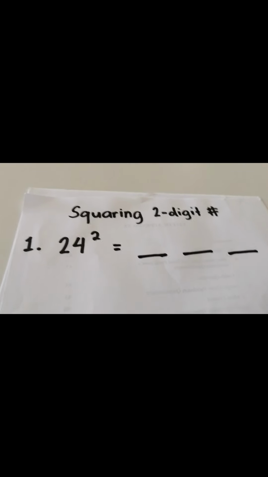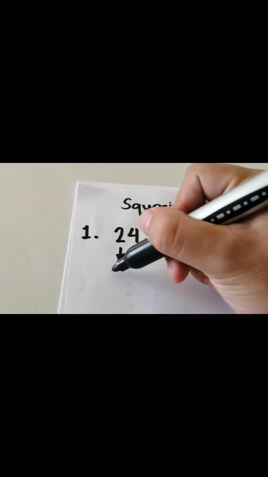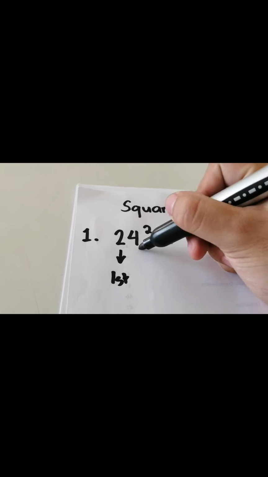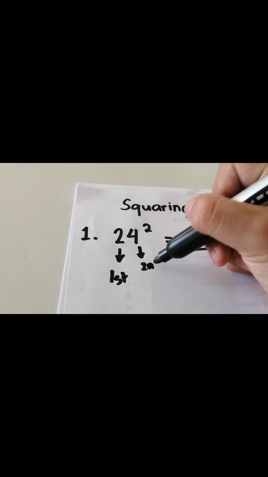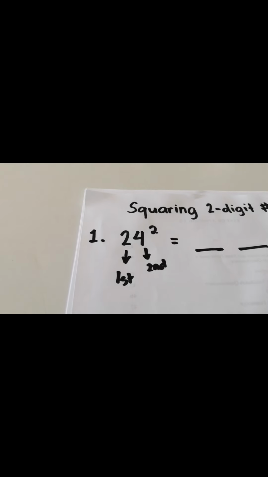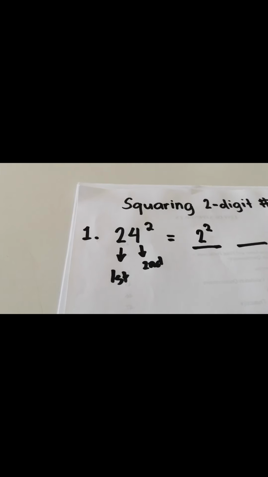How do we identify the first number? From the 24, this is your first number, and this is your second number. So the first space is the square of your first number, that is 2 squared.